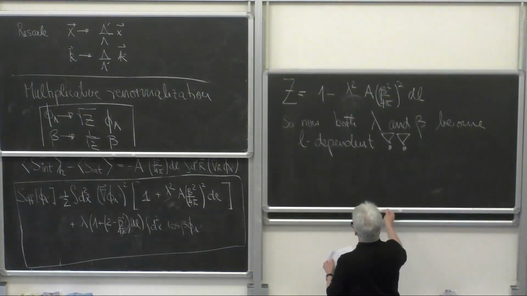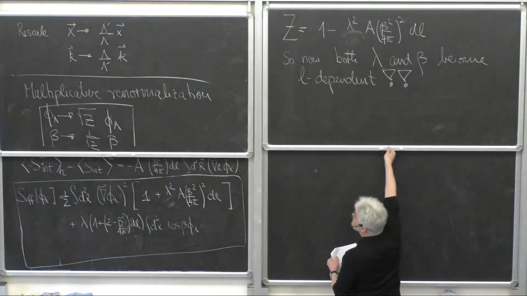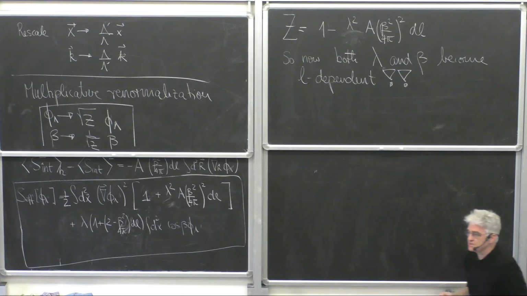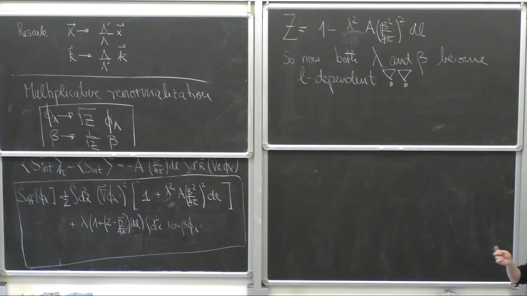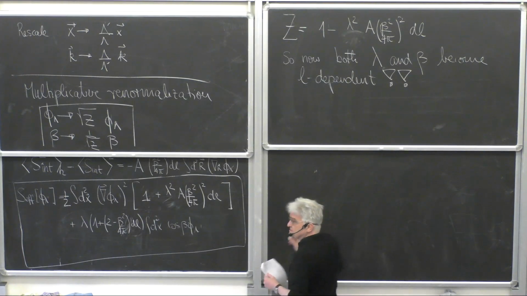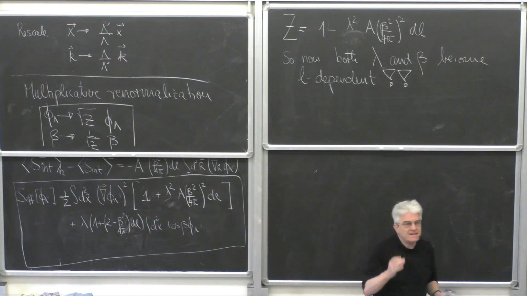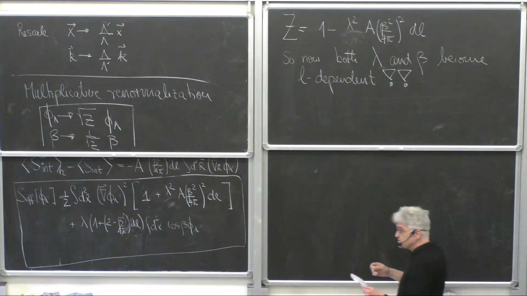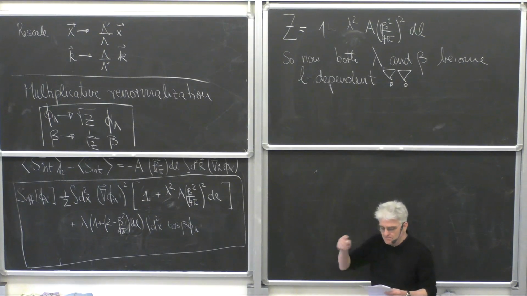Okay. So now, what we want to do is we want to write the RG equations. So again, we want to compute d lambda dl and d beta dl, and we could do that. But it's convenient at this point to change variables for these two coupling constants, beta and lambda.